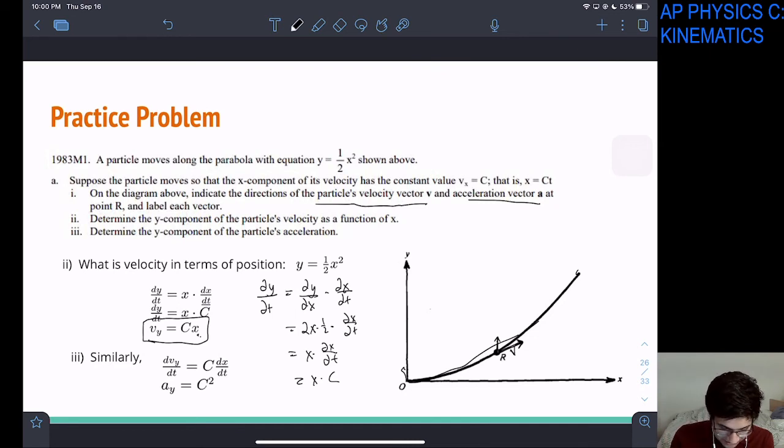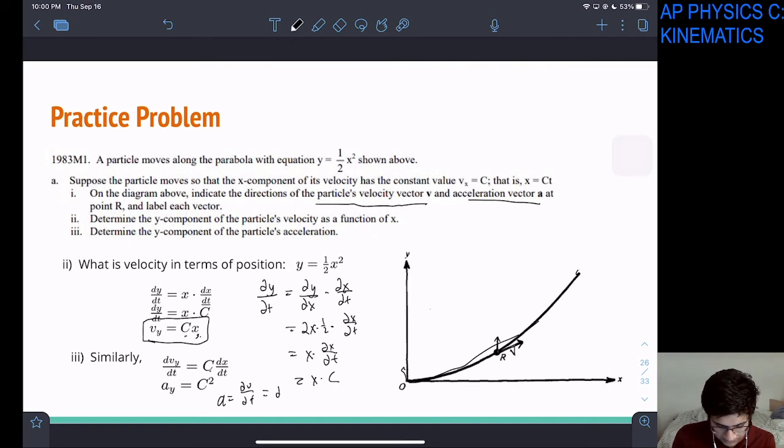Similarly, we take another derivative for acceleration because a equals dv/dt, right? And dv/dt is the same thing as what? Well, we get basically the derivative of a constant, which is c, and then we can do a chain rule again.